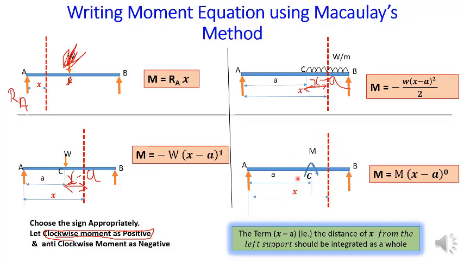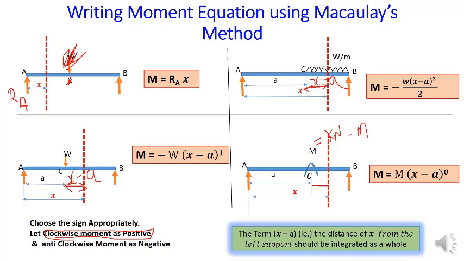And in the fourth case, the distance, here no need to calculate the distance. You straight away write the moment as M into X minus A the whole square, because in moment it is already in kilonewton meter. So already the distance is calculated.